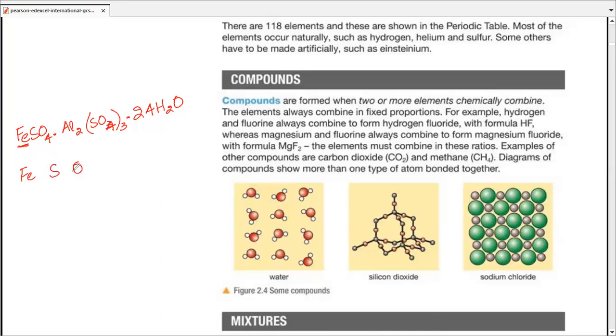This is a separate element. And then include the small s with it. Then SO again. And then H and O again. So there may be repetition. If you exclude all the repetitions, how many different types of elements are in there?